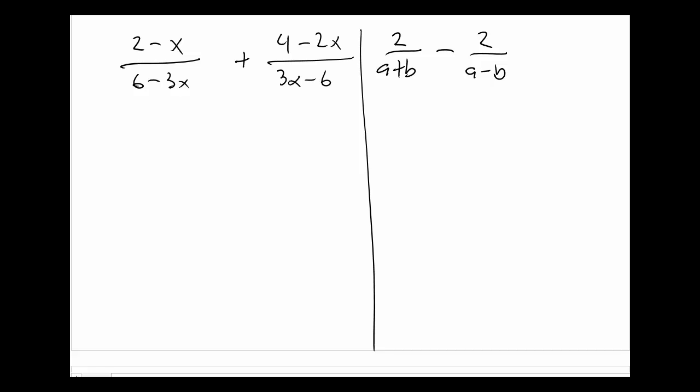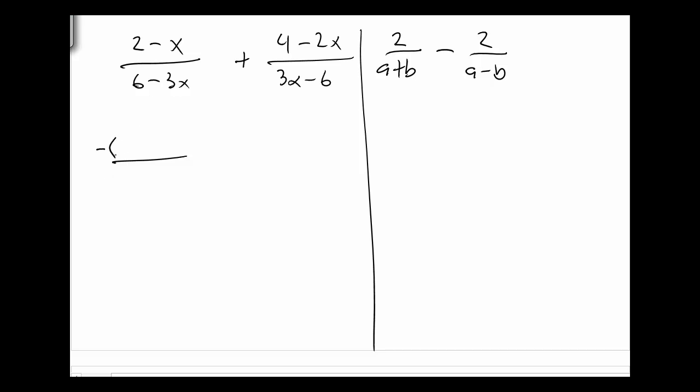Okay, so looking at that first fraction, I'm going to be a little suspicious of the fact that I can factor out something. I'm looking at 6 minus 3x and 3x minus 6. Man, they look like opposites of each other. As a matter of fact, I'm going to factor out a negative from both numerator and denominator.